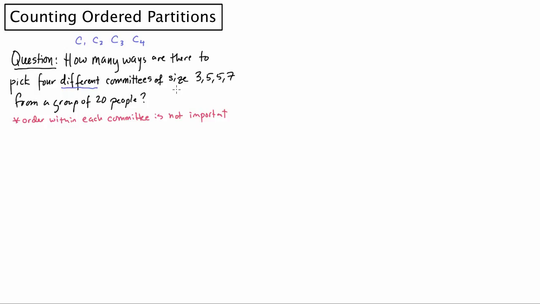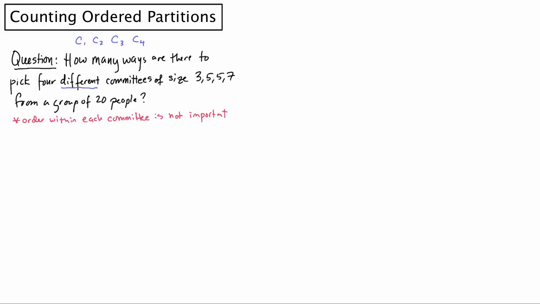But it does matter if I switch committee 1 and committee 2 because then I have the wrong size for committee 1, because it's supposed to have size 3, and whatever people I chose to be in those would get switched. If I intended for them to be in committee 1, they'd be in committee 2. So I'm thinking of the 4 committees as being different committees, so it matters if I switch their orders, but within each committee the order is not important.